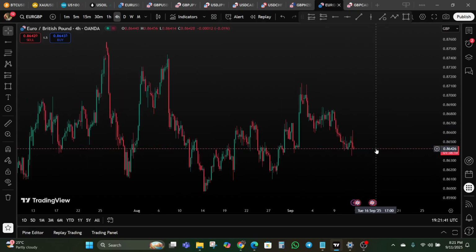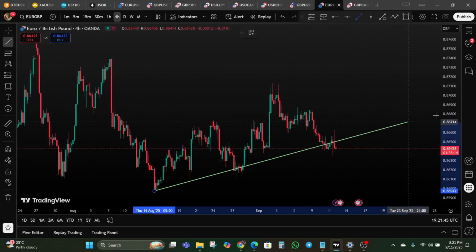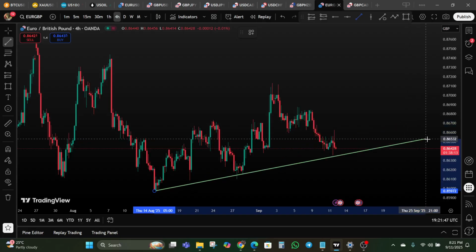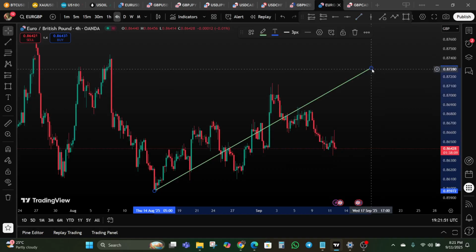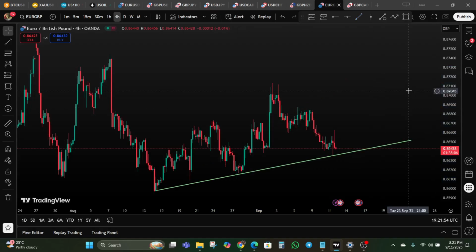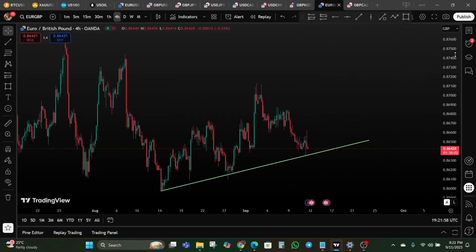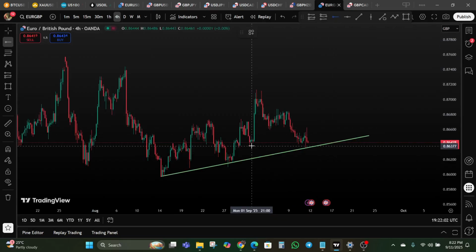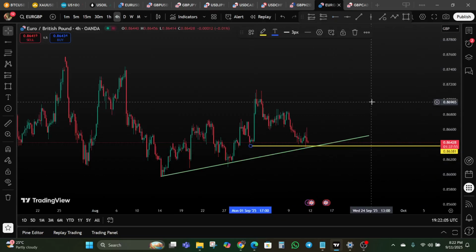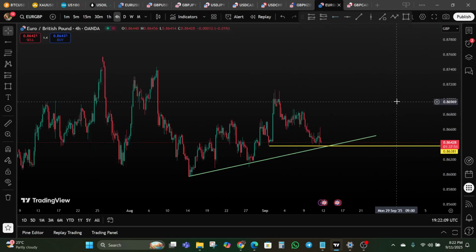Liquidity builds up at obvious levels, such as equal highs, equal lows, trend line touches, and round numbers.